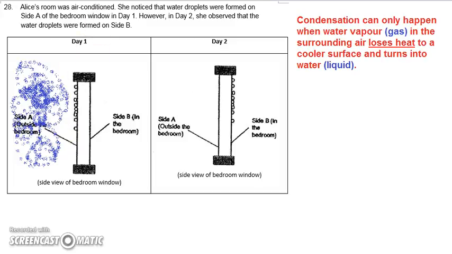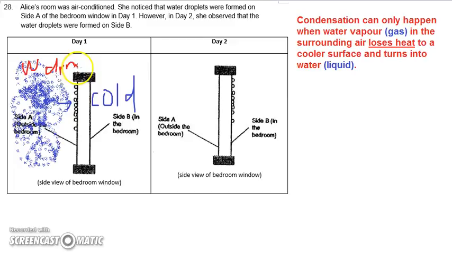Now when it touches, only when it is touching the colder surface, alright, so that means this side here must be colder, or cooler, right? This must be cold and outside must be warmer, right?